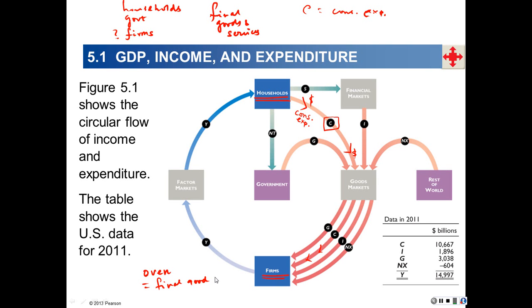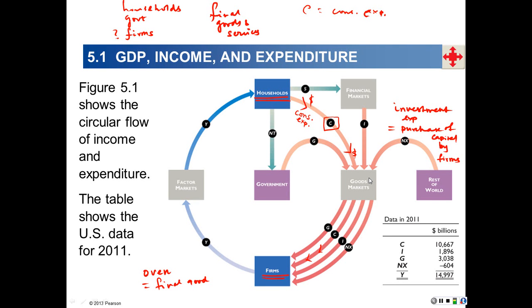And this type of spending by businesses is called investment. So we are now going to use this term here called investment or investment expenditure. And what is investment expenditure? It is purchase of capital goods by firms.